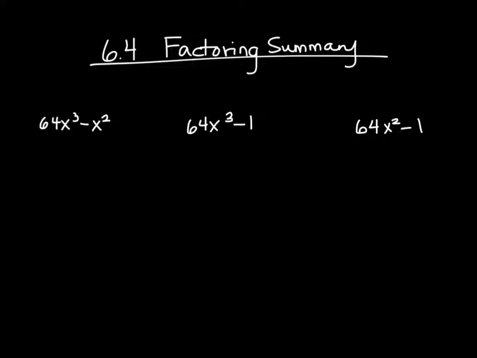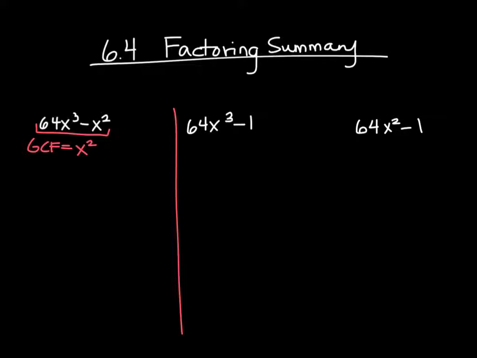All right, these 3 should look very similar to you, and what I want to do is just point out some differences so you know which pattern or type of factoring to use. So the first thing that we should always do is look for a GCF. In my first problem here, I'm going to ask myself, is there a GCF? Is there anything that these 2 things have in common? They both have an x squared.